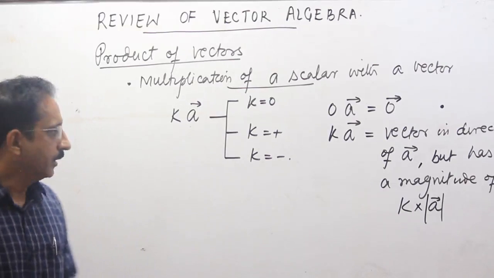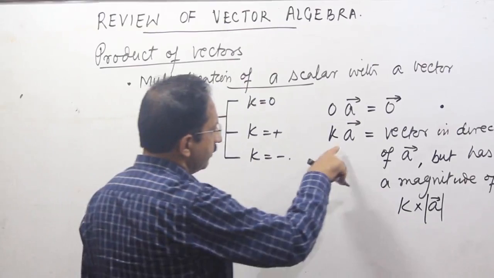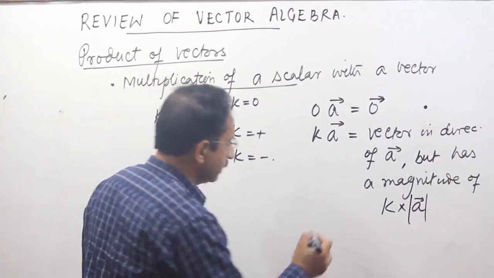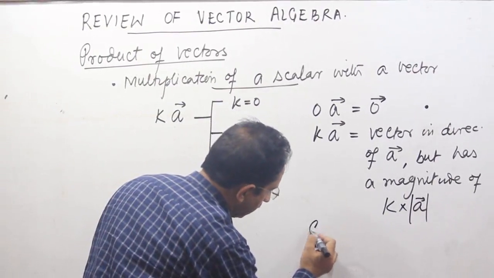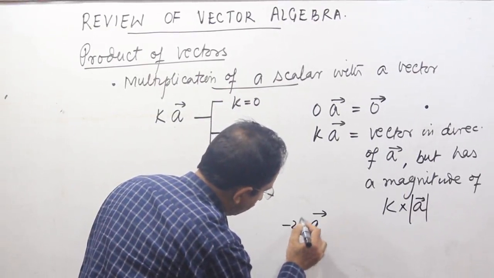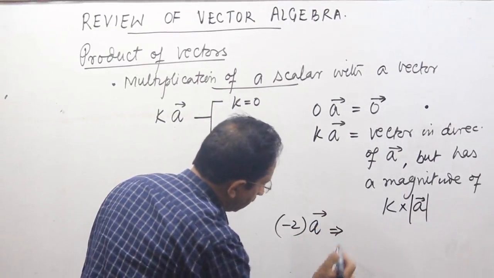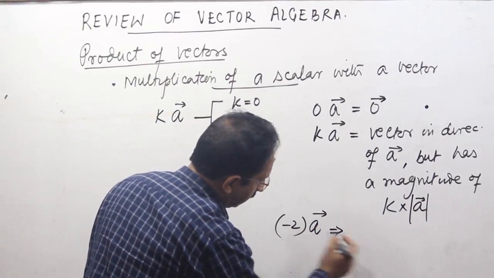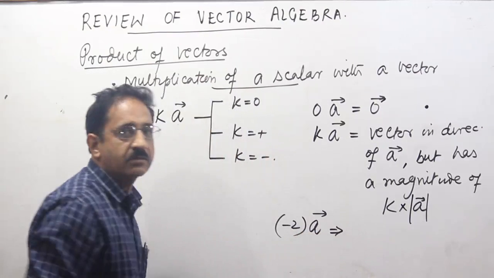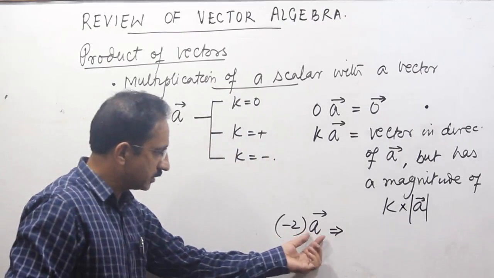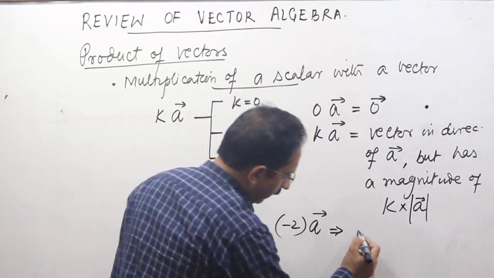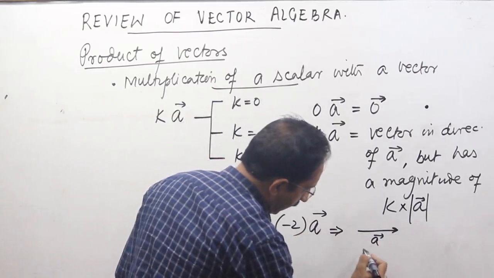Similarly, if I have a negative scalar multiplied to a vector, say I multiply vector A with -2, for example, what will be the result? The result will be a vector whose magnitude will be twice that of A. That means if this was vector A earlier, it will become twice in magnitude.